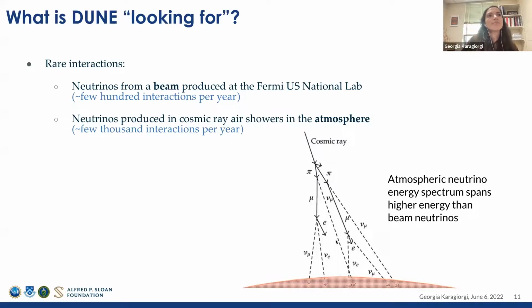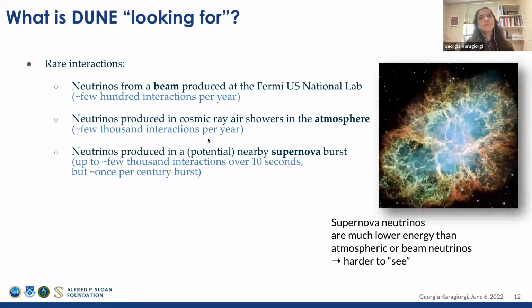And these atmospheric neutrinos actually extend over energies that are higher than those of the neutrinos in the beam. So this is a very nice and complementary sample for studying neutrino oscillations in addition to the beam, and we expect on the order of a few thousand interactions per year in the DUNE far detector.